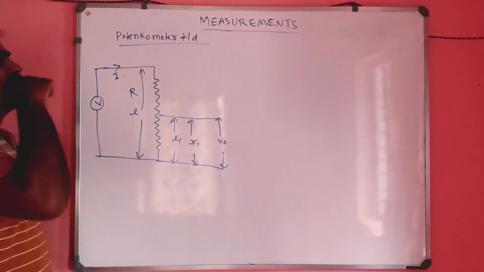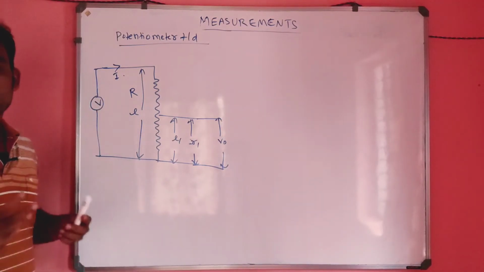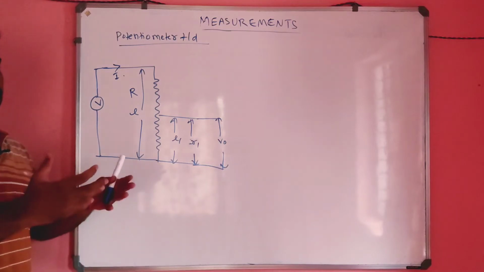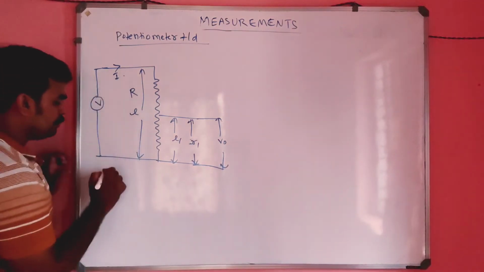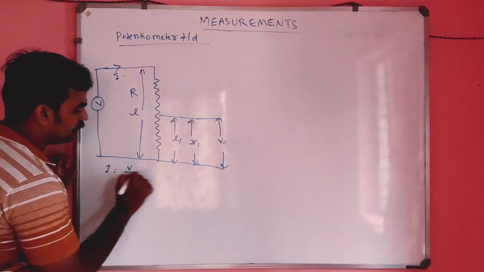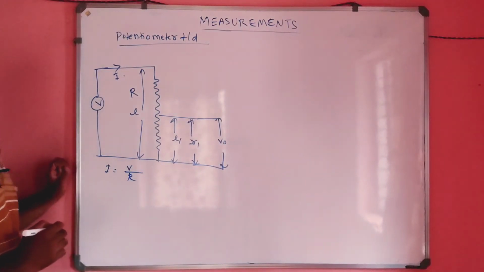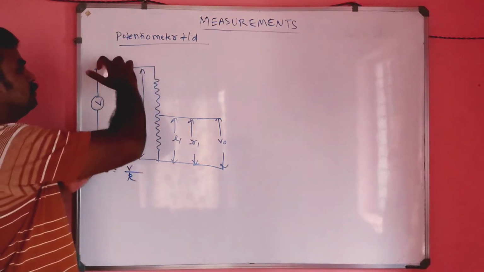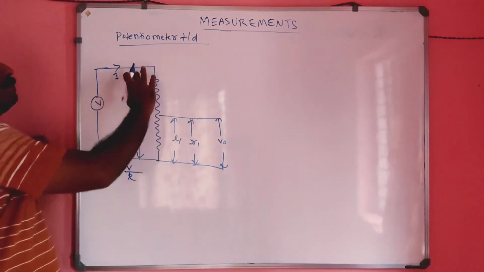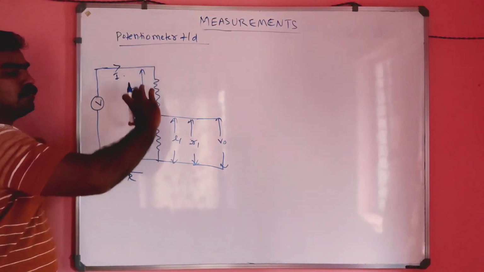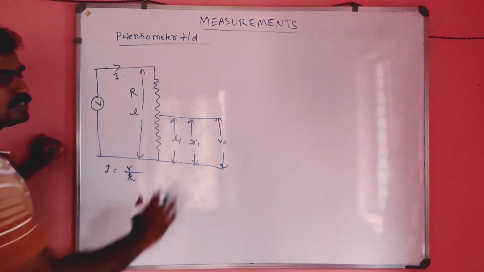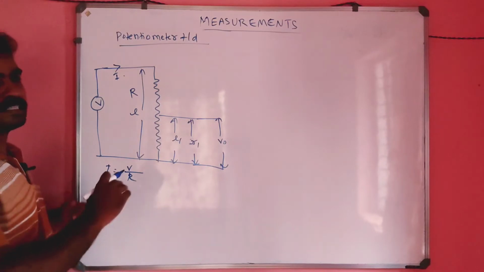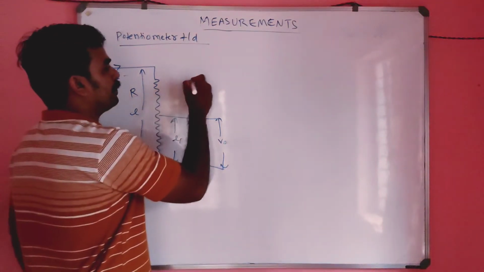Okay, and let's see how this transducer is used to measure the displacement. That's our aim, right? So we will know what the current I will be. I can write I equal to V by R, the total voltage V divided by the resistance R. Resistance R is for length L. R1 resistance is for L1 length.